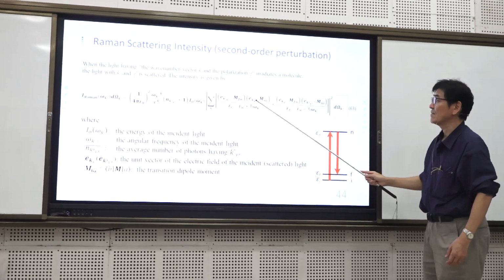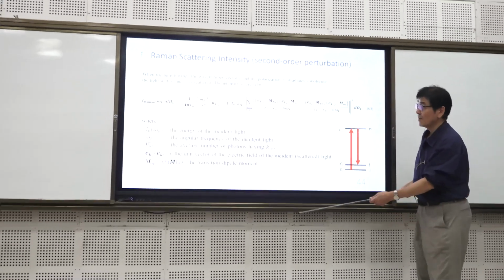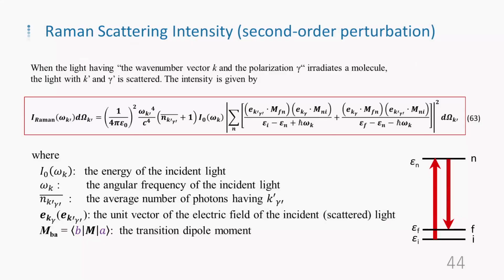K gamma is that of the incident beam. This is scattered light. So n k prime gamma prime bar indicates the average number of photons having k prime gamma prime. This is the number of photons of the scattered light.